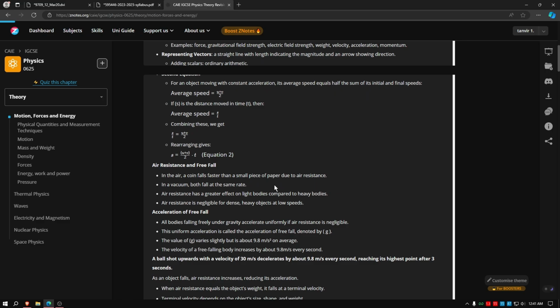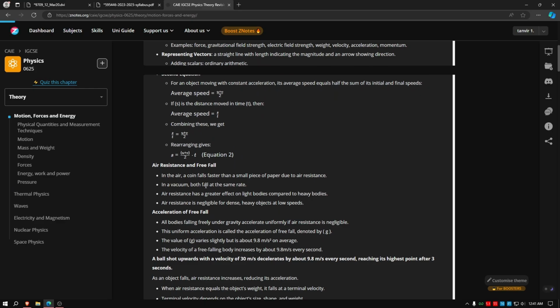So the surface area it has will be pushing against a lot of air. And so in an atmosphere with air resistance, one falls faster, one falls slower. But in a vacuum, both fall at the same rate.